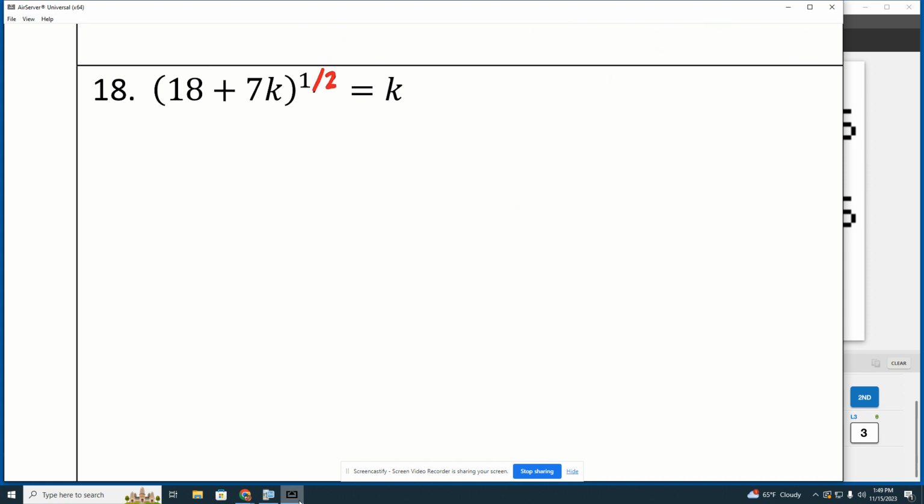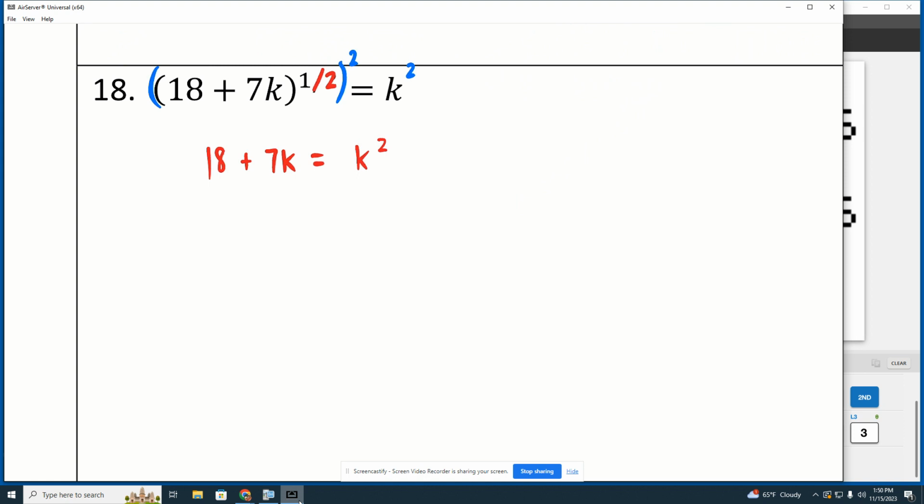Since I can't really simplify anything here, I'm going to raise both sides to the power of the root. So I square them. On the left side, I'm left with 18 plus 7k. On the right, I'm left with k squared. So I'm going to load up one side.